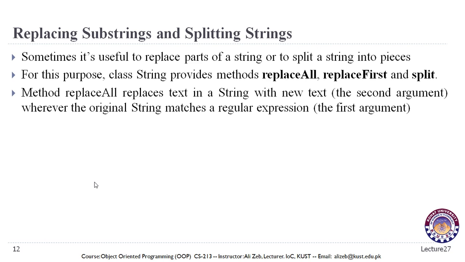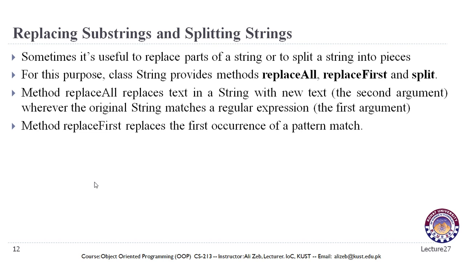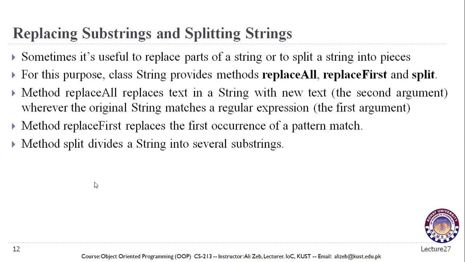So the first argument would be the regular expression that we want to replace, and the second argument would be the text that we want to replace it with. Method replaceFirst replaces the first occurrence of a pattern match. Method split divides a string into several substrings.